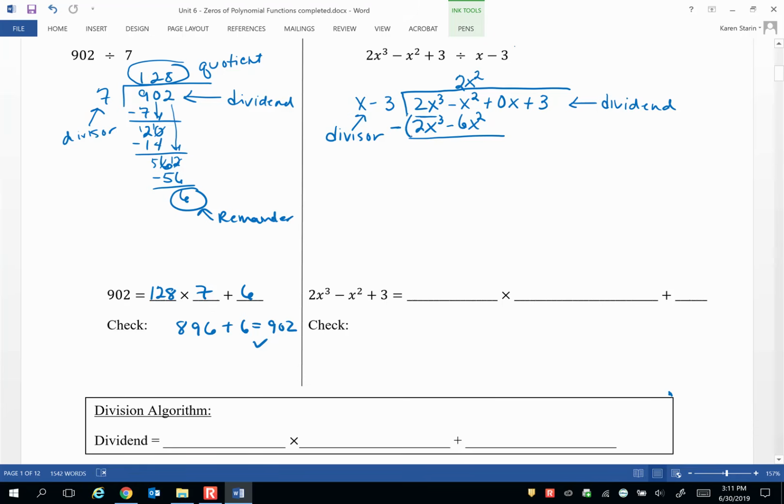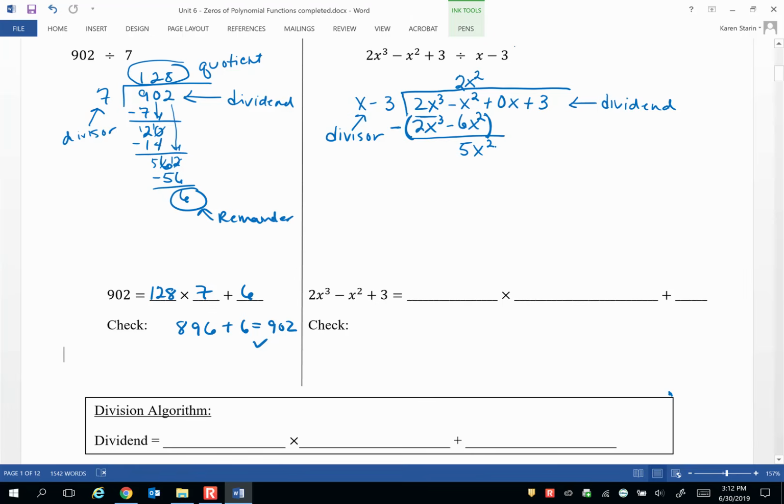I have to subtract both terms from the like terms above them. By design, 2x cubed minus 2x cubed is nothing. I really only have to settle up this negative x squared minus a 6x squared. So that gives me negative x squared plus 6x squared, which settles to 5x squared.